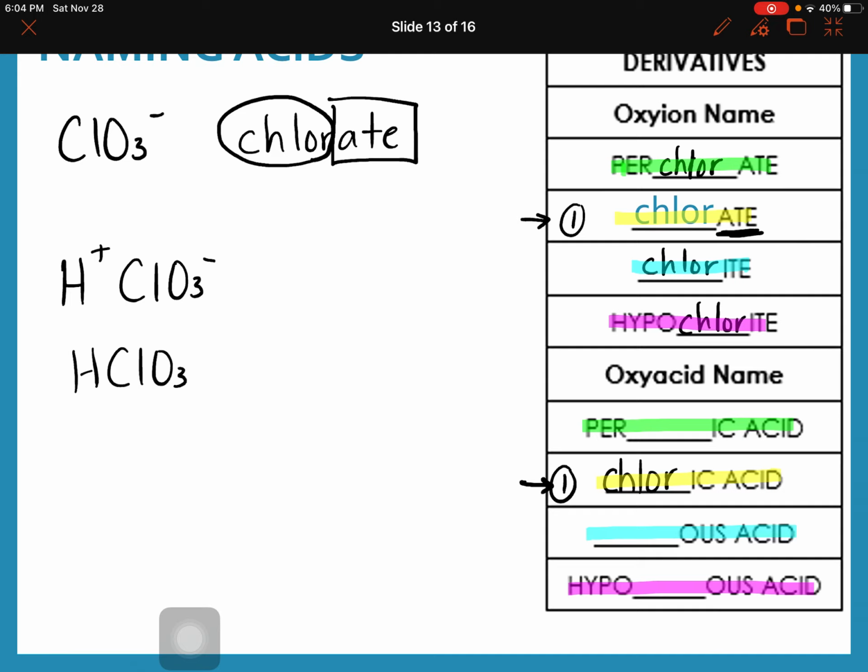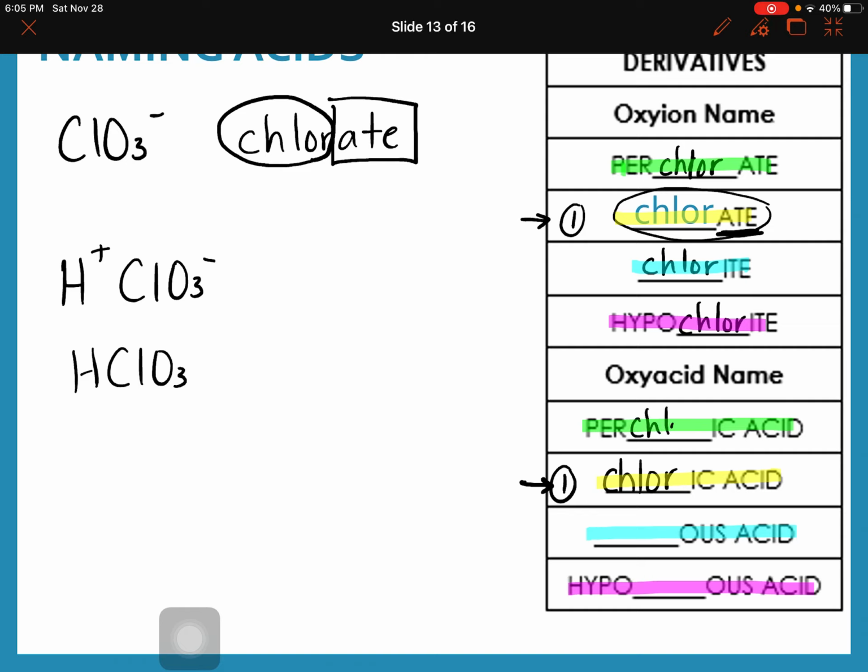So I can have perchlorate, and I'll look at what that is in a moment, chlorate, chlorite, and hypochlorite. So chlorate is the only one that's found in that table. So we're going to look at, given that one, how do we find out each of the other ones?